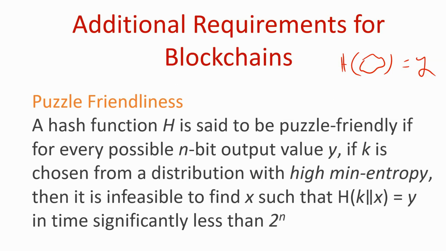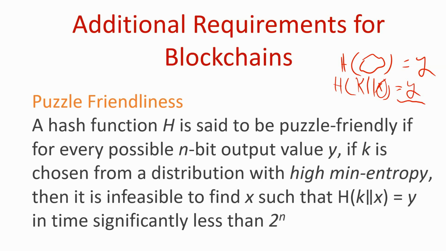Now, the puzzle friendliness requirement says that if you start with the value of y and you come up with a value k that is a random number chosen from a distribution with high minimum entropy, then it is actually infeasible to find a value x such that h of k concatenated with x is equal to y in a time significantly less than 2 power n. What this means is, in order to find the value x such that the result of the hash is y, you have to use brute force. This is basically what puzzle friendly is.